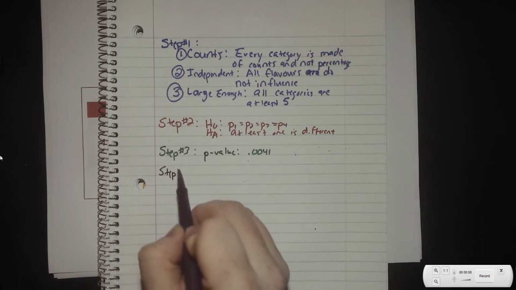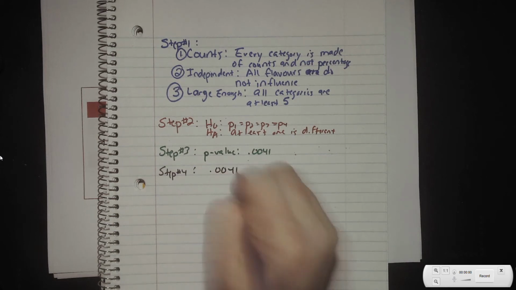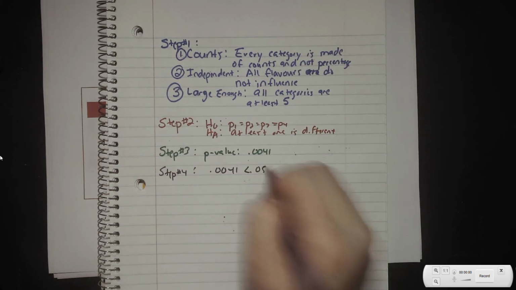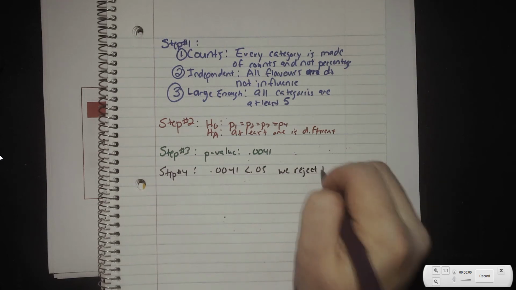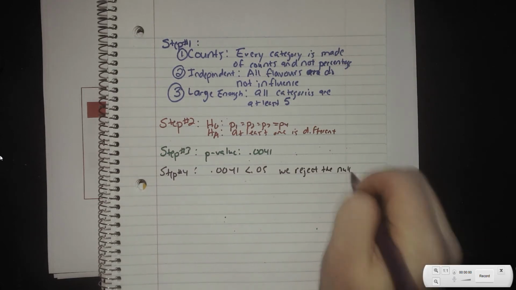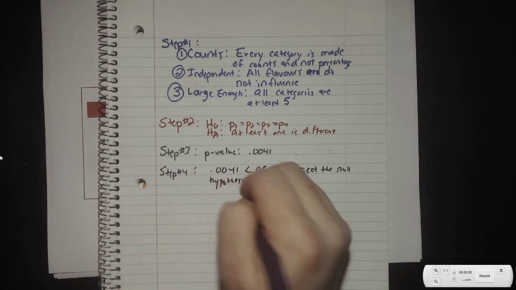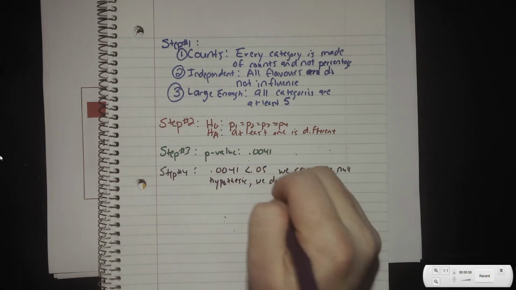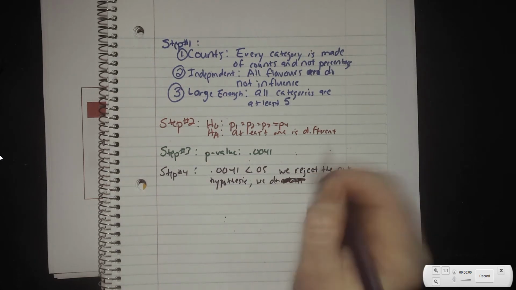Step number 4. So 0.0041 is less than 0.05. So we reject the null hypothesis. We do not, oh sorry, we do, getting a little tired here.